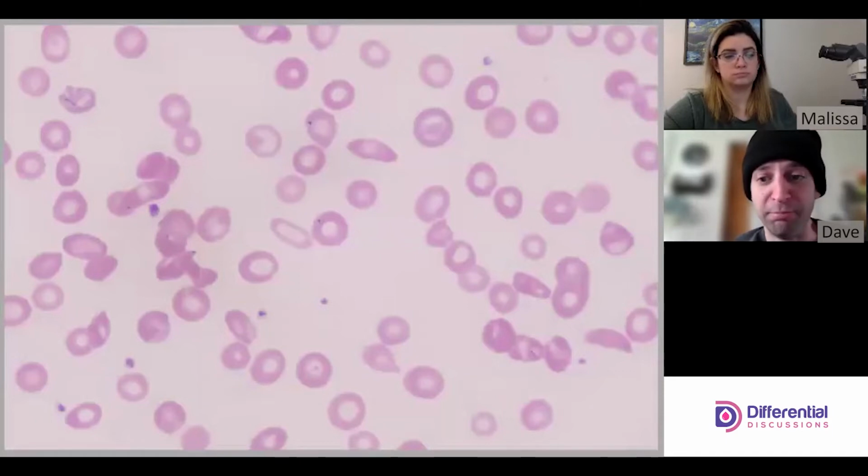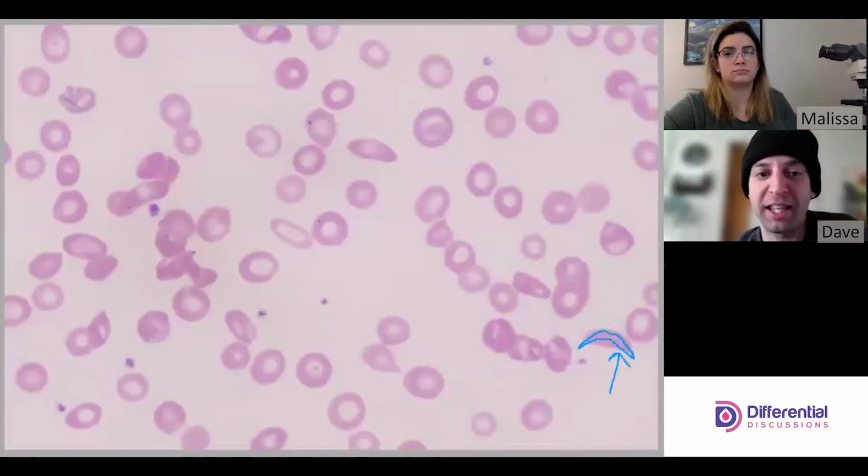And then of course our sickle cells. I think the textbooks would typically describe the sickle cell, as the name implies, like a bladed harvesting tool, the sickle. You will see ovalocyte looking cells.